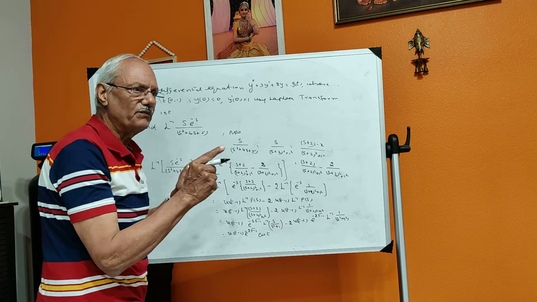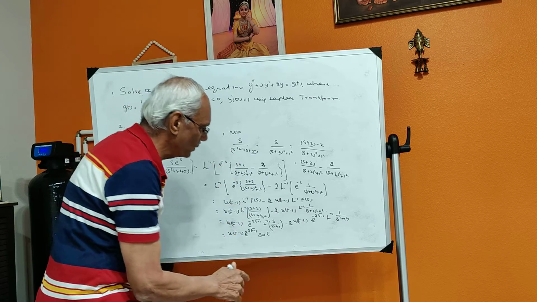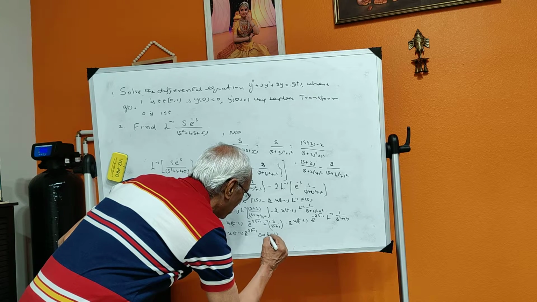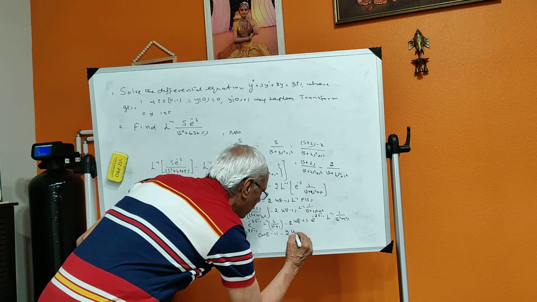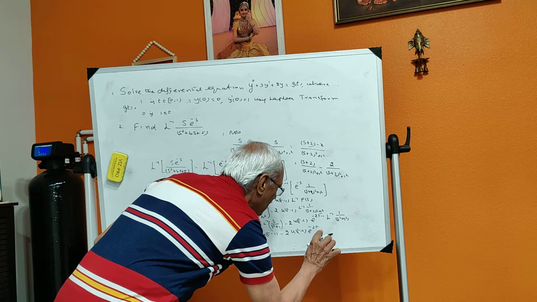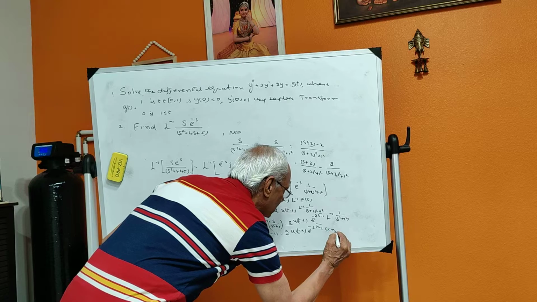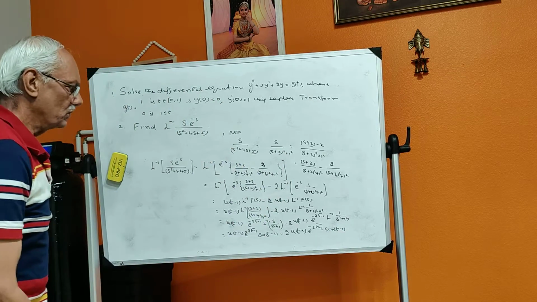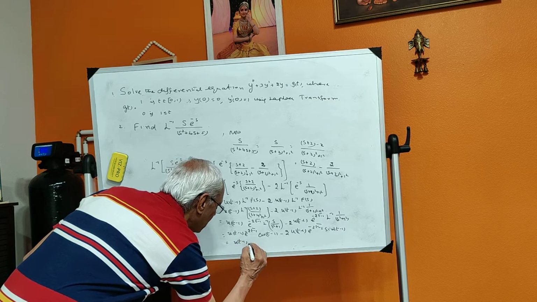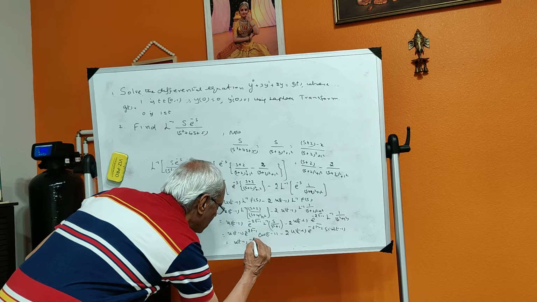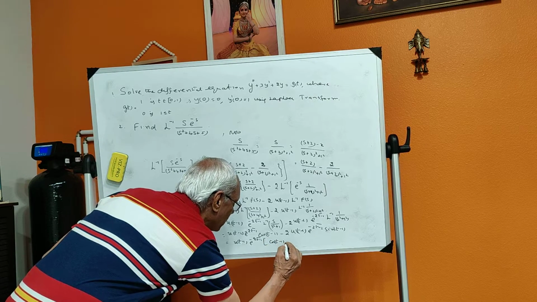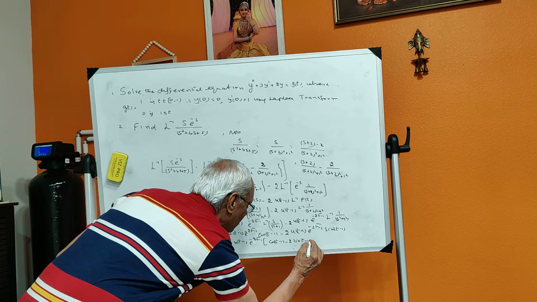So you see that it will come as cos of t minus 1, minus 2 u of t minus 1 into e to the power of minus 2 times (t minus 1) into sine of t minus 1. So the answer is u of t minus 1 into e to the power of minus 2 times (t minus 1) within brackets, cos of t minus 1 minus 2 sine of t minus 1.